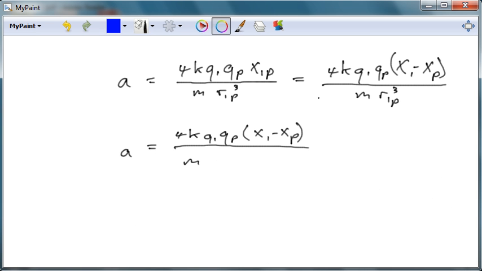Square root of x minus x1 squared plus y1 squared, square root, and then this baby has to be cubed.